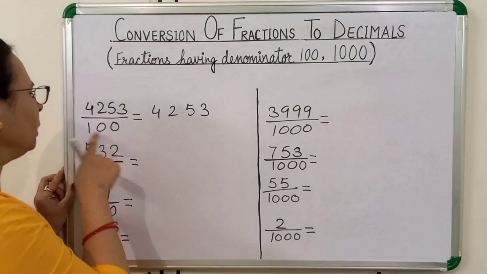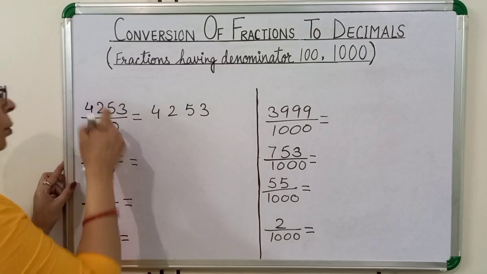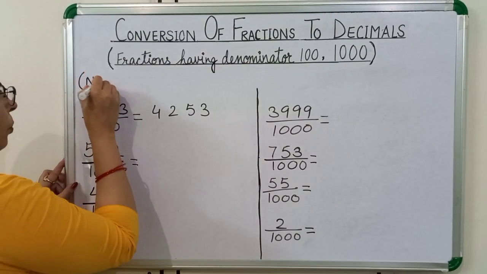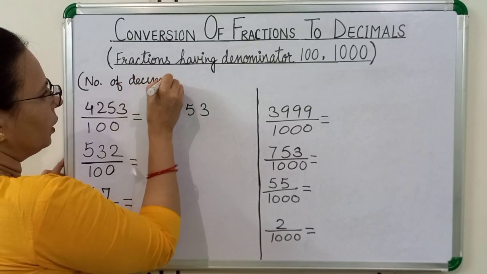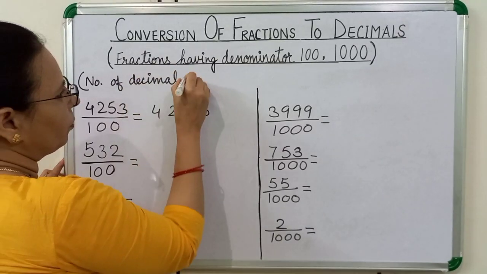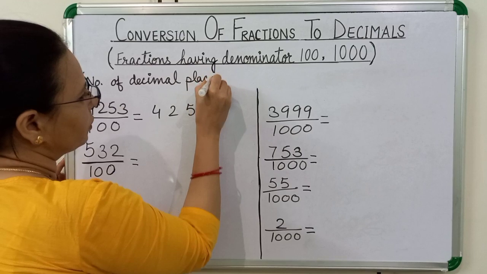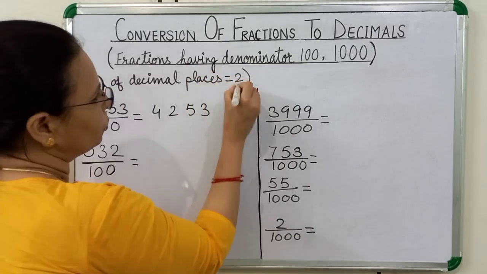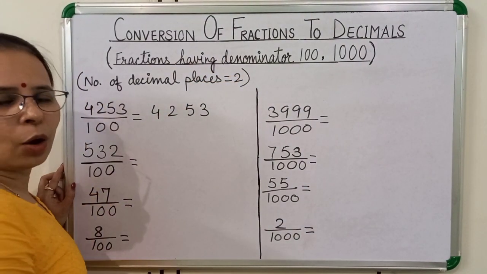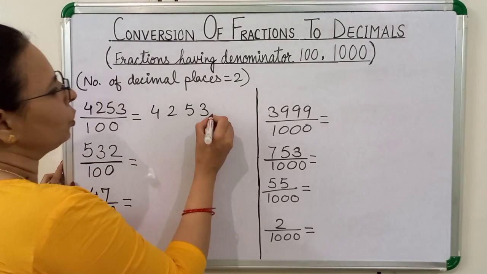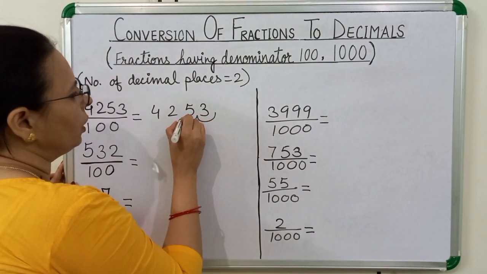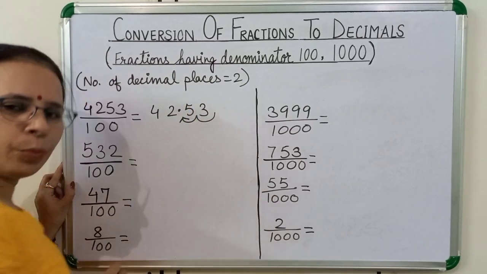You can see there are two zeros, means number of decimal places is equal to 2. Now we will count 2 places to the left and put decimal point. 1, 2. Here we will put decimal point.